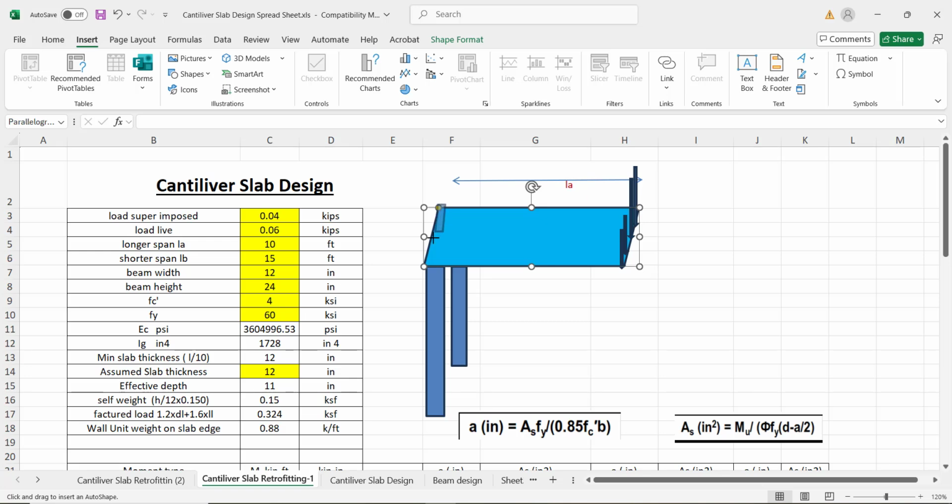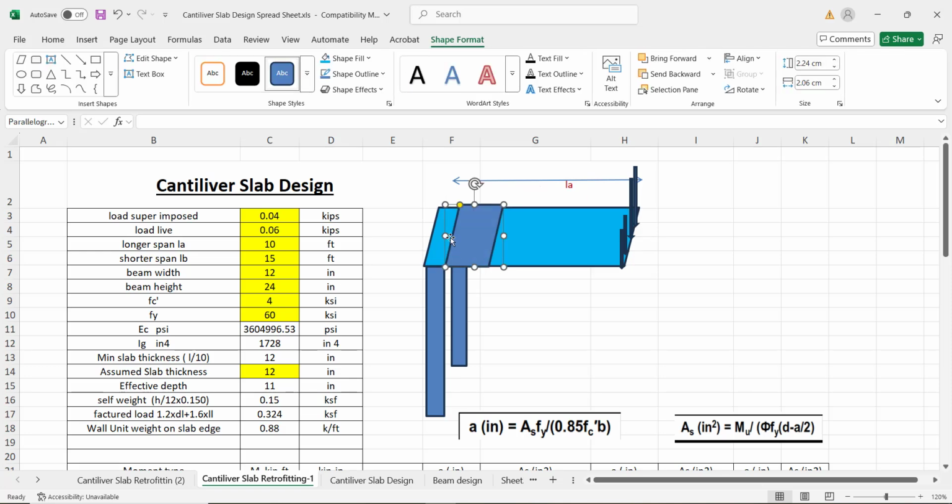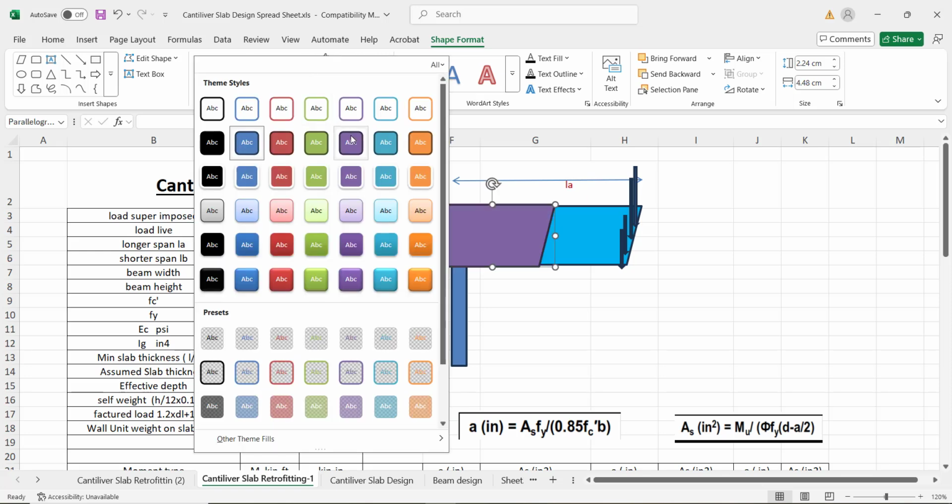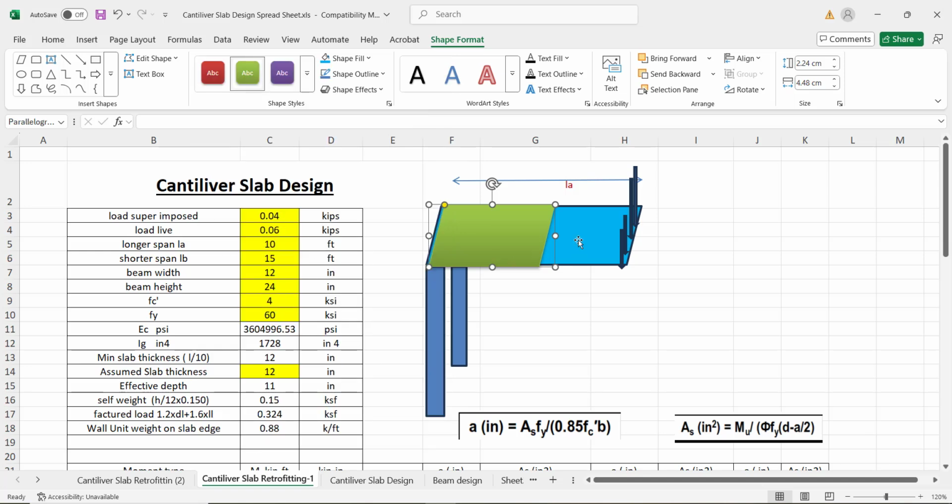This is the area where we have to provide the reinforcement on top.